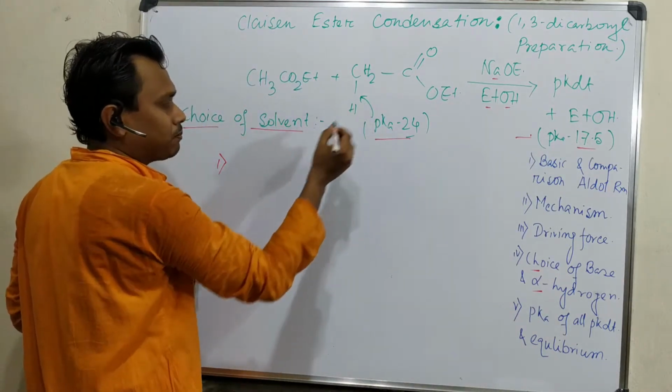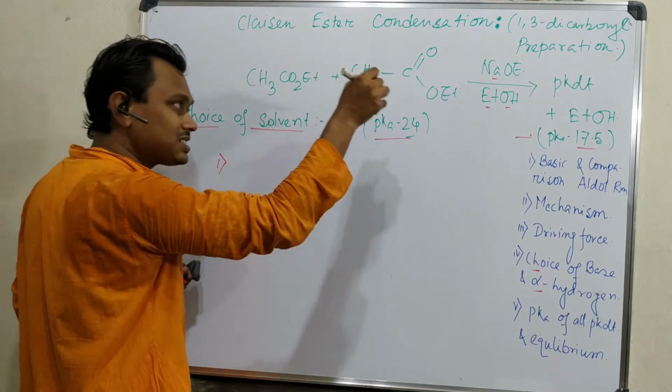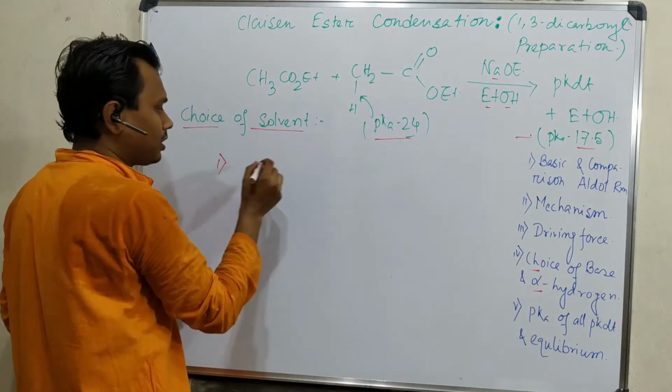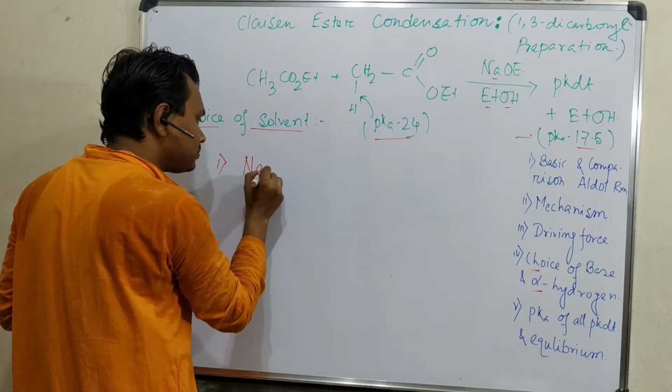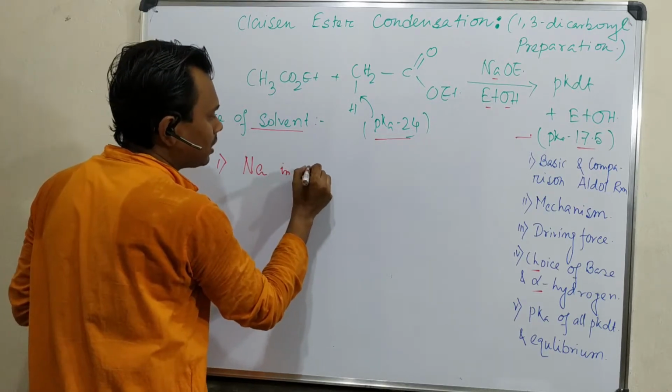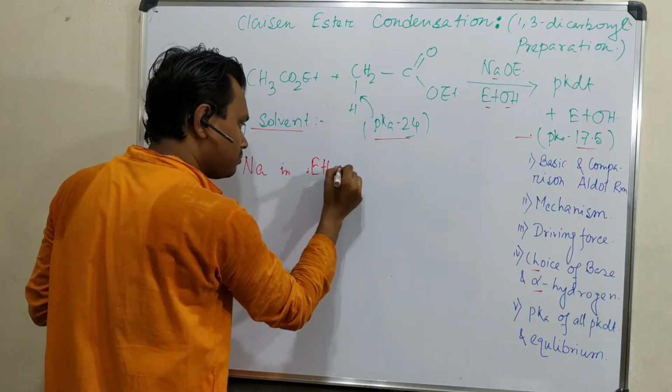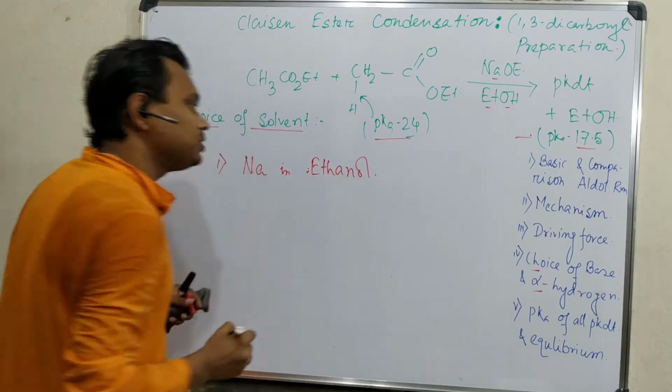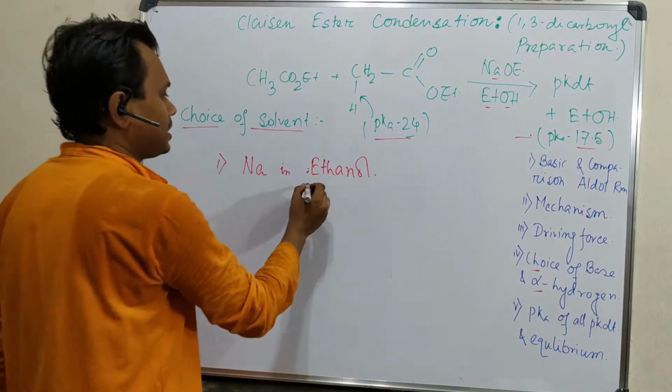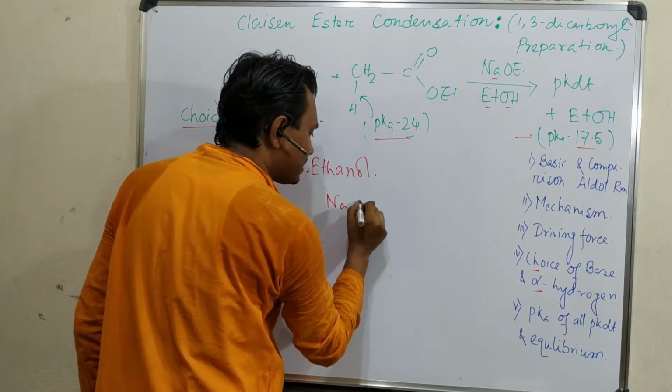So for that purpose, one thing could be used: instead of sodium ethoxide in ethanol, sodium in ethanol, the first choice, could be used, because it will instantly produce sodium ethoxide. Okay, it's sodium plus ethanol.